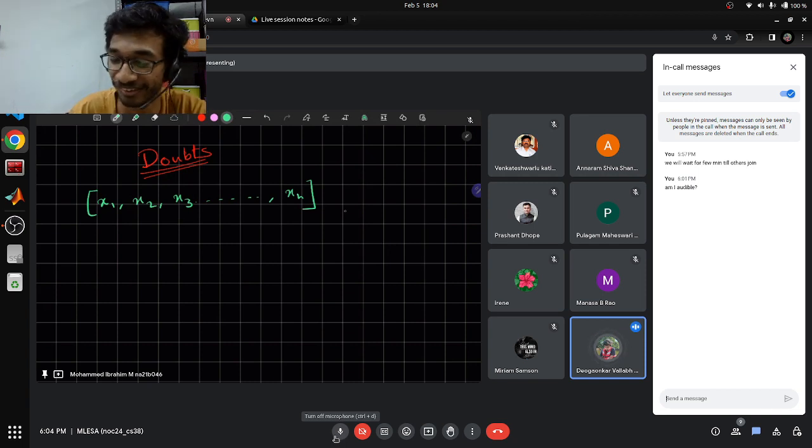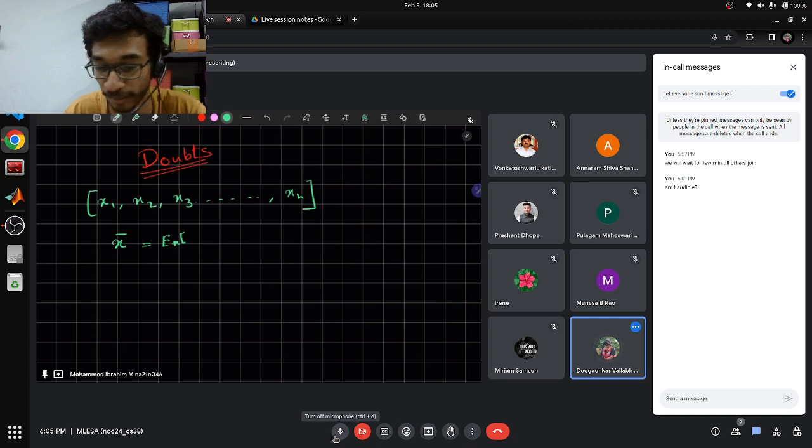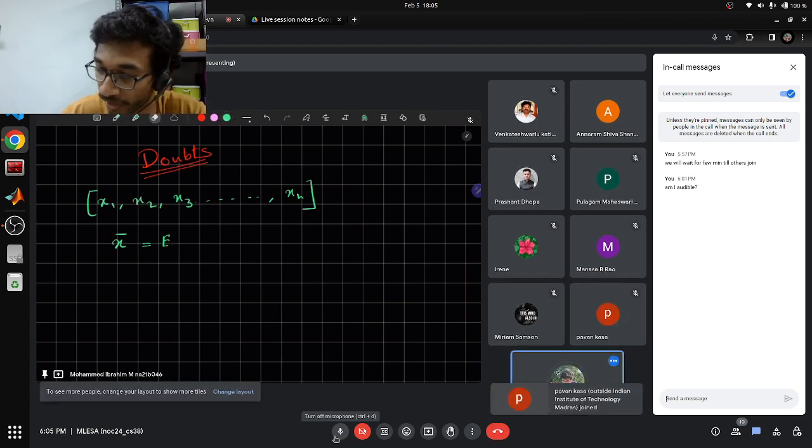The simplest example of a weighted mean is an average. So let's say x bar is the average of this entire data, and for the simplest case that is the expected value. We would denote it by E of x.